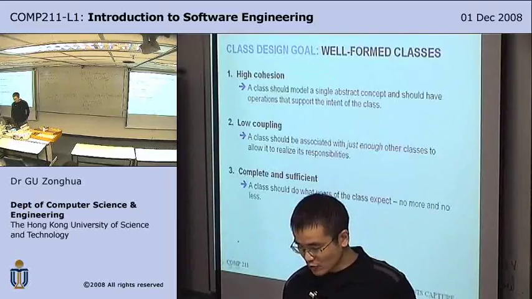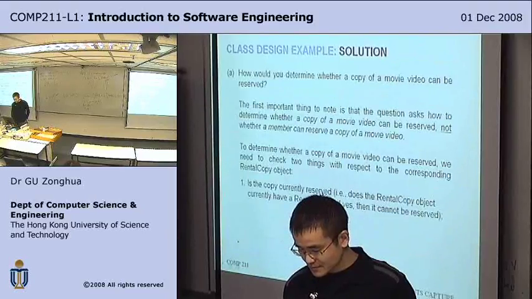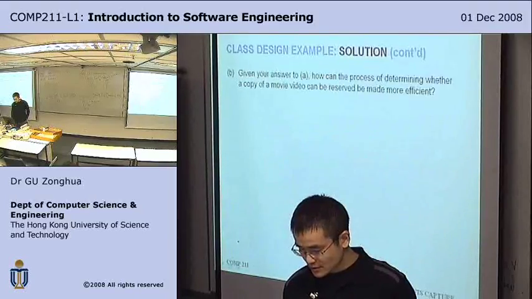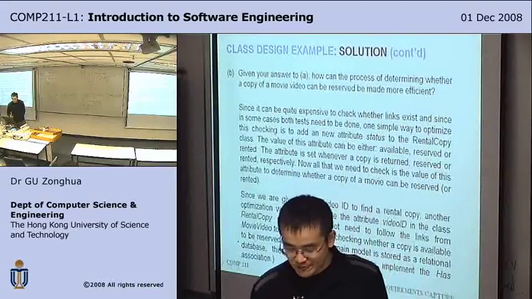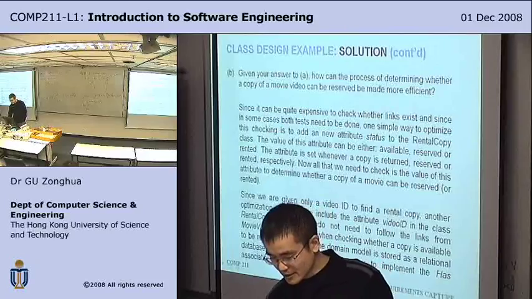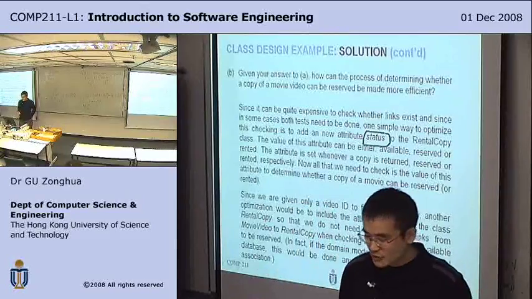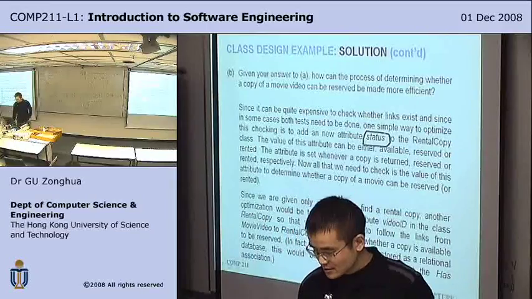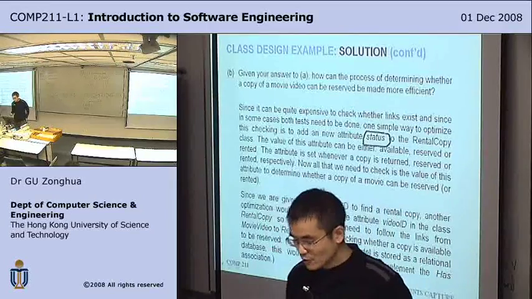So high cohesion, low coupling, again. So here's one example where you optimize for performance by adding attributes. You add a status attribute to the rental copy class, so that you can save time when you look up the status.